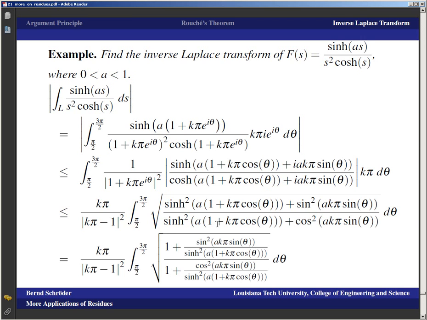Okay, well that now, leave the front alone, that now becomes just square root of 1 over sine squared over sinh squared with the appropriate arguments, and here in the denominator it's 1 plus cosine squared over sinh squared.